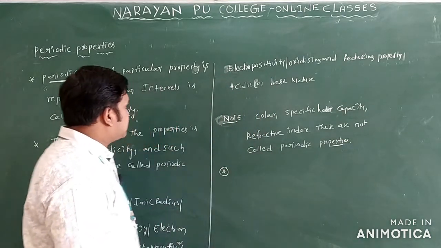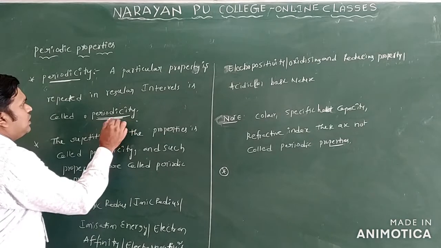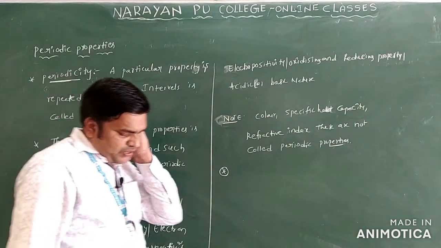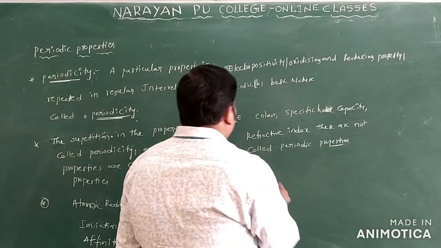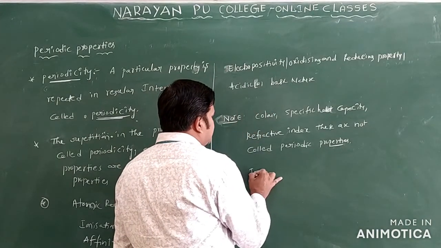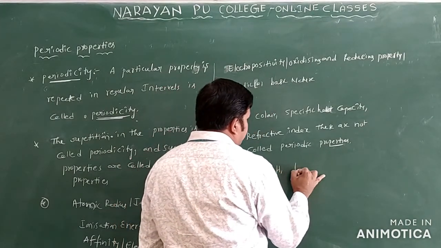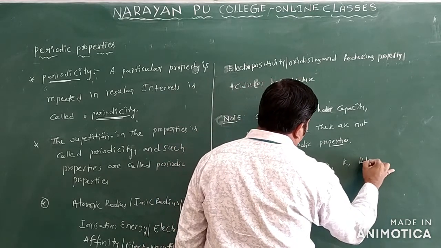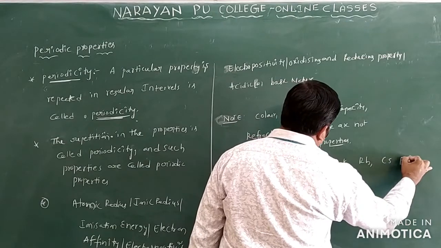So generally we discuss one word here, periodicity: a particular property repeated at regular intervals. If we take the first A group elements, we have hydrogen, lithium, sodium, potassium, rubidium, cesium and francium.